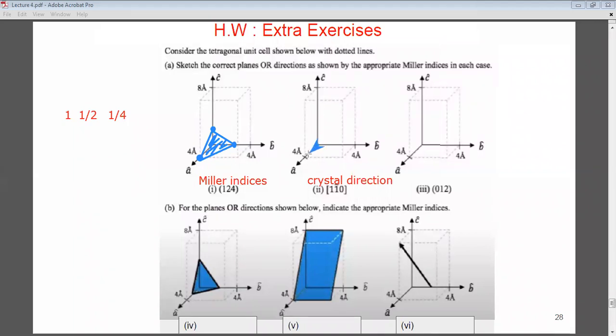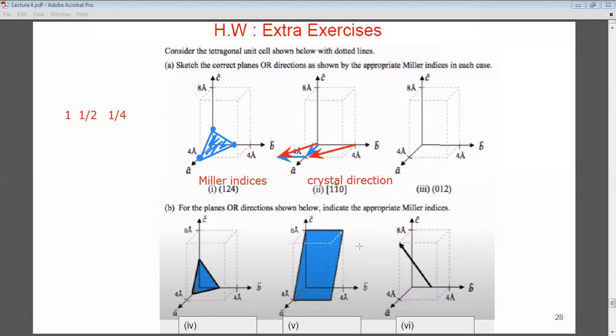I go along the x-axis 1, then 1 bar, which is opposite to the y-axis, this axis over here, I go, and then I stop. So this is the direction I'm talking about. I leave you to continue this exercise on your own, and hopefully we go through them during the live session on Tuesday.